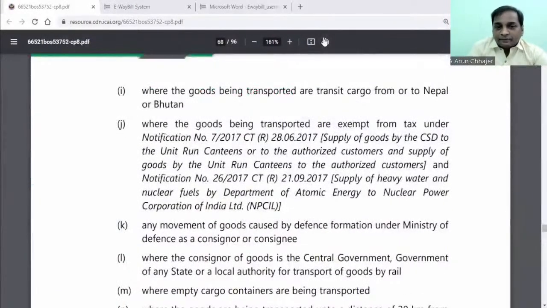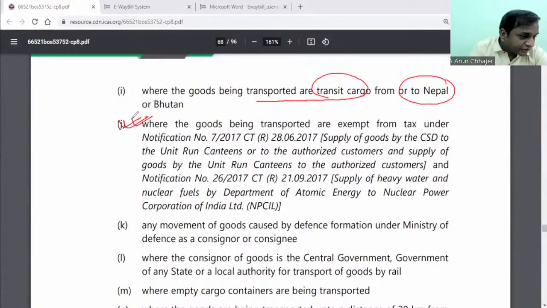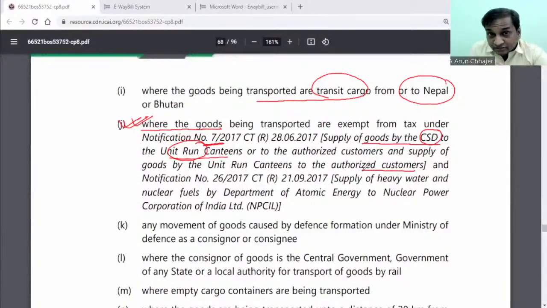If the goods are being transported as transit cargo from or to Nepal or Bhutan, then an e-way bill is not required. For safety and security purposes, Notification 7 says that the supply of goods by CSD to the unit run canteen of the Air Force, or by the unit run canteen to an authorized customer, requires no e-way bill because it is for the Air Force.